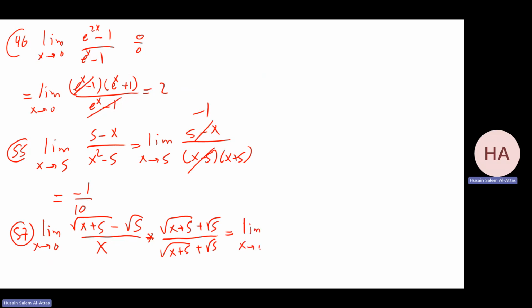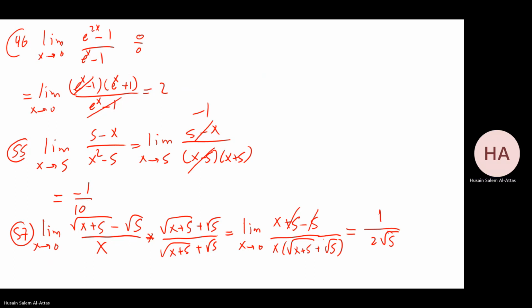Limit as x goes to 0 of x plus 5 minus 5 over x, times the conjugate. Don't forget this one. This is cancelled, and x cancelled with x. So we have 1 over 2 root 5. You can simplify it more, which is square root of 5 over 10. You can use this or that.